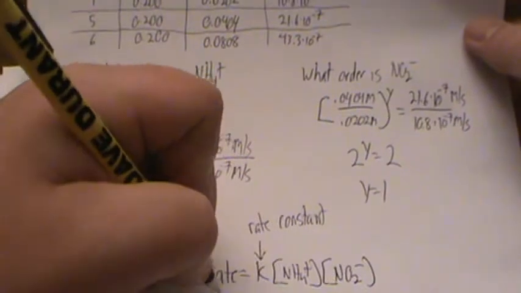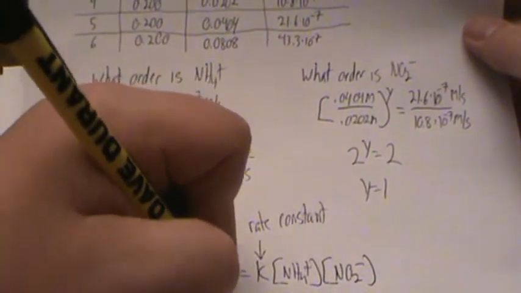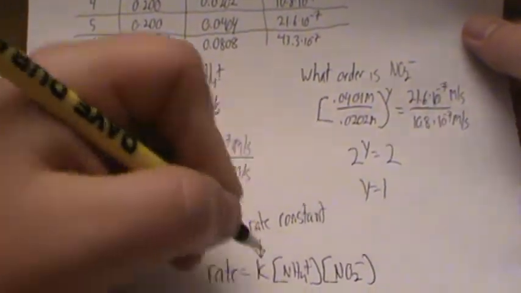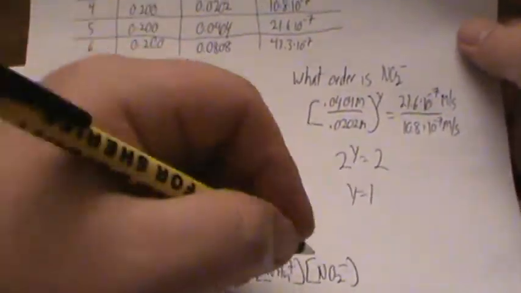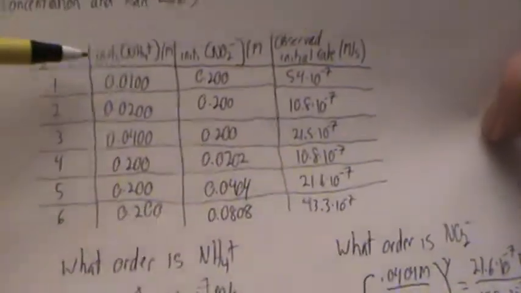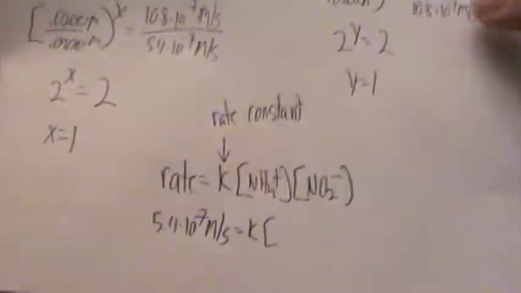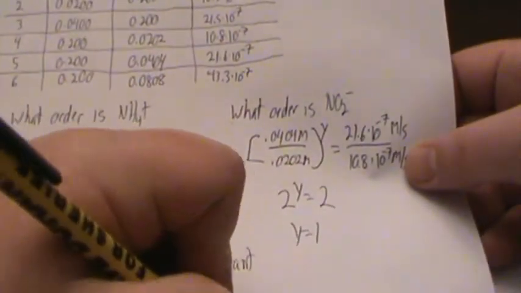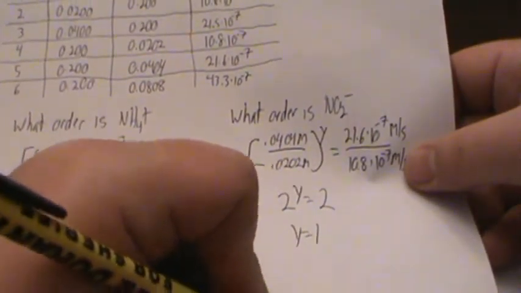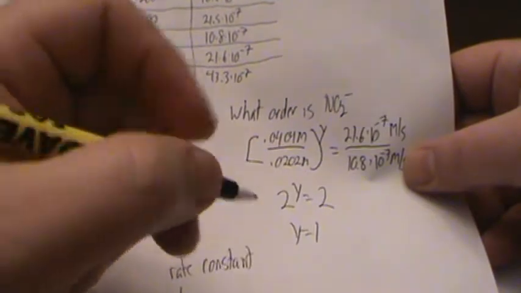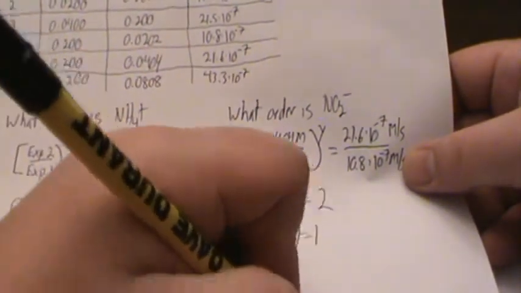The observed initial rate, 5.4 times 10 to the negative 7th molar per second, is equal to k times the initial concentrations from experiment 1: 0.0100 molar times 0.200 molar.